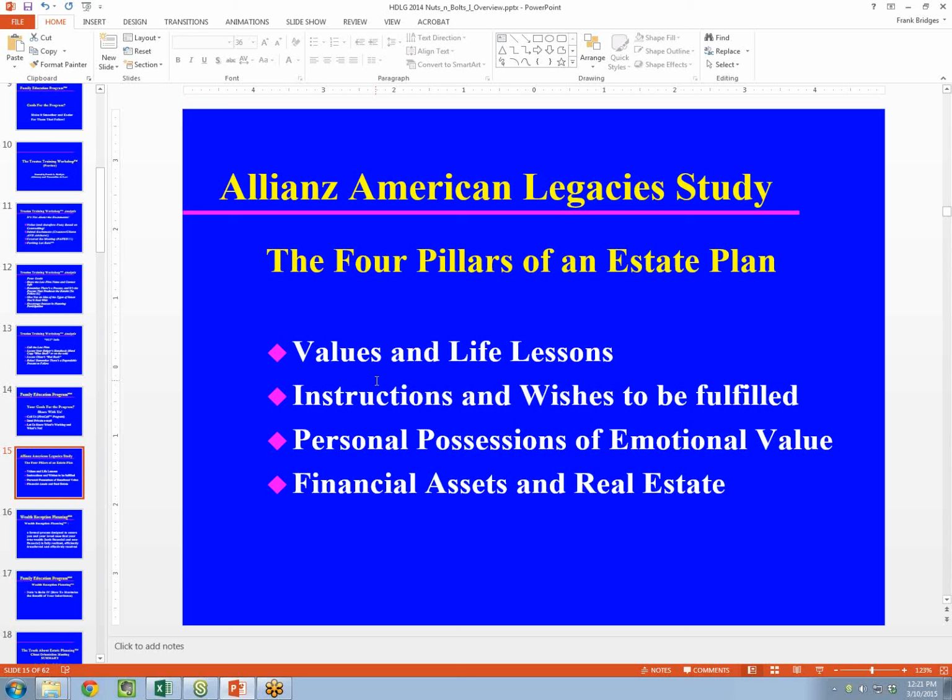And although the parents in the older generation thought that what was most important to their children and to the people that were their beneficiaries was transmitting the financial assets and real estate that they had to them, what came out of the study was that what was more important to the boomers, the people who are in the younger generation, the receivers of the wealth, was first and primarily they wanted to know more about the life's lessons and values that the person who was their parent or their loved one had.